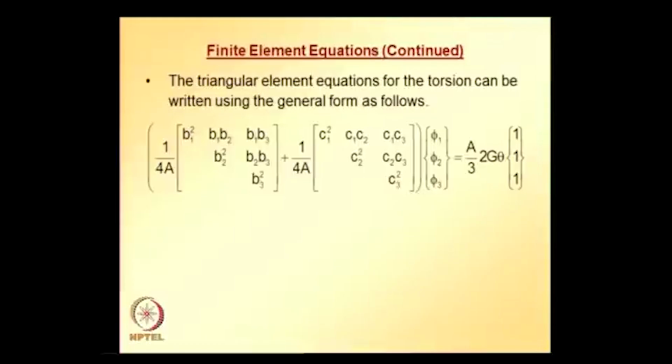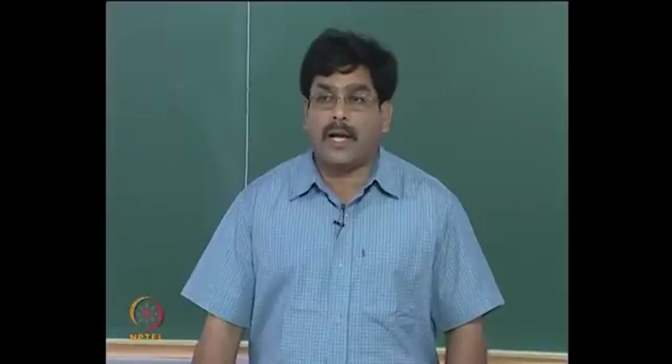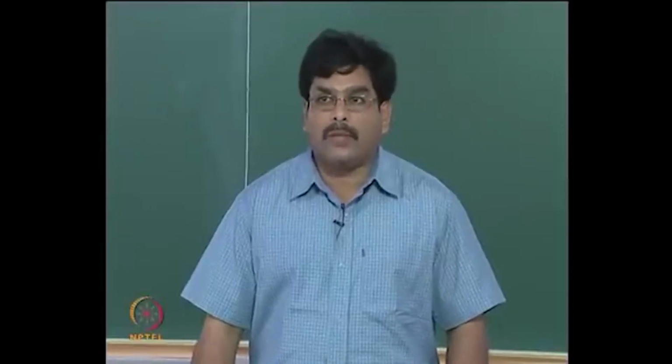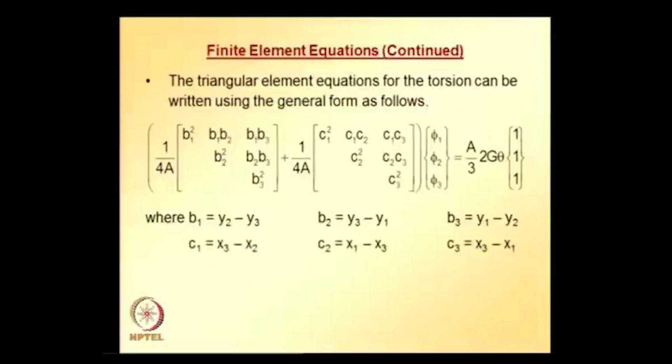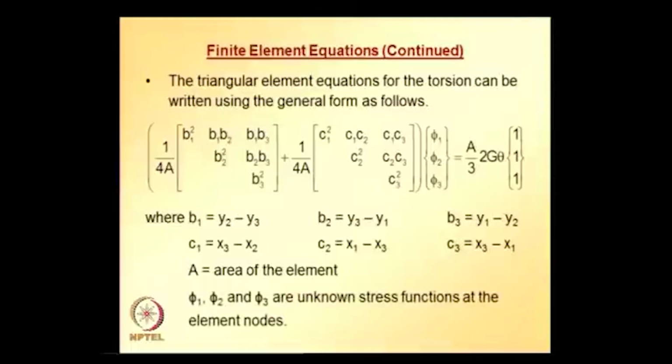We should also keep in mind these coefficients B1, B2, B3, what they mean, and if all the coordinates of 3 nodes of the linear triangular element are known, you can easily calculate B1, B2, B3 and also C1, C2, C3, and A is the area of the triangular element, and phi 1, phi 2, phi 3 are the unknown stress functions at the element nodes.